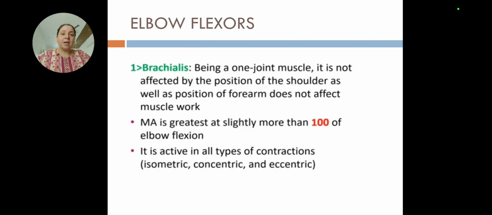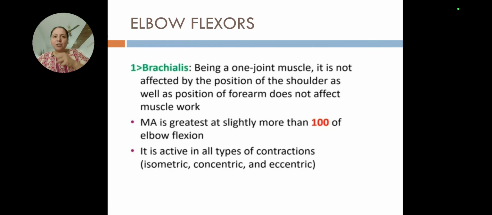Now the movement arm, if I can revise, is the perpendicular distance of the muscle from the elbow joint axis. Fine. This perpendicular distance is maximum at 100 degrees. At 100 degrees, the perpendicular distance of the brachialis muscle from the elbow joint is maximum, so it can generate maximum force at 100 degrees of elbow flexion. So brachialis is the only muscle which becomes active whenever we do elbow flexion.